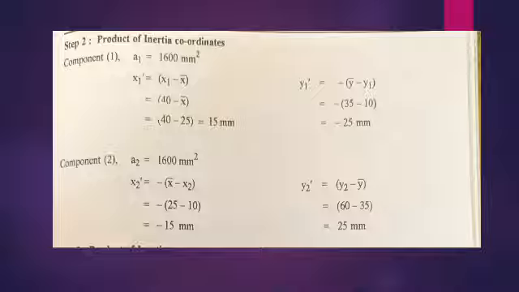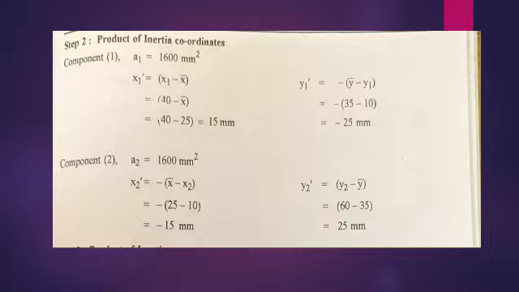Then for the second rectangular component, x2 dash, it comes under the second quadrant. Therefore, the x-axis value is negative and the y-axis value is positive, minus x2 difference x bar. Here the x bar value is greater, therefore we write x bar minus x2.